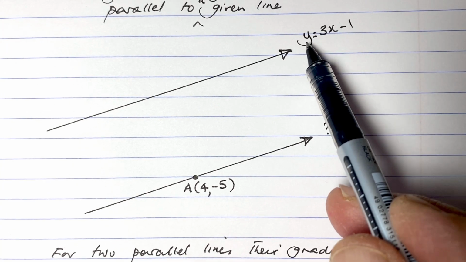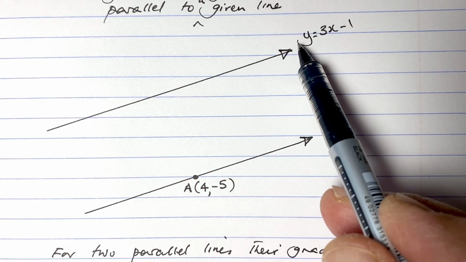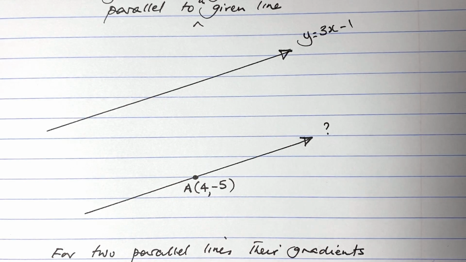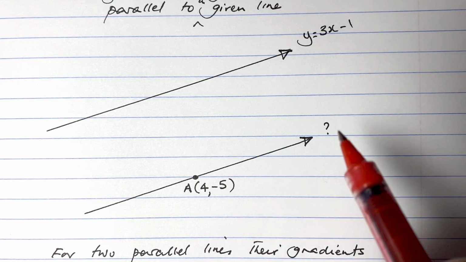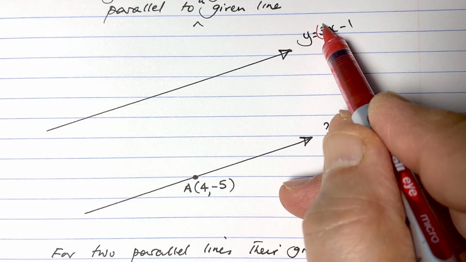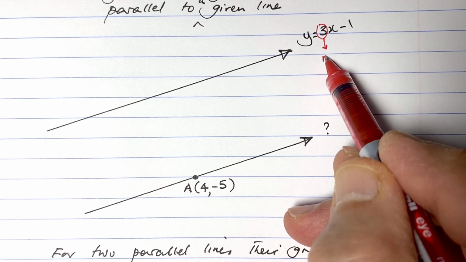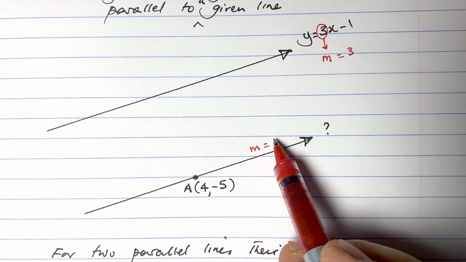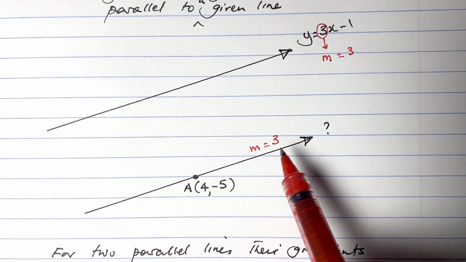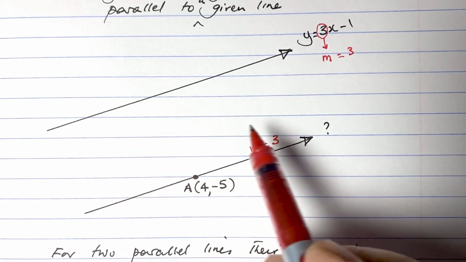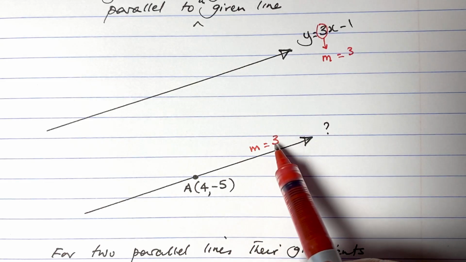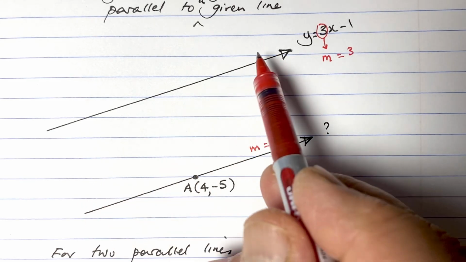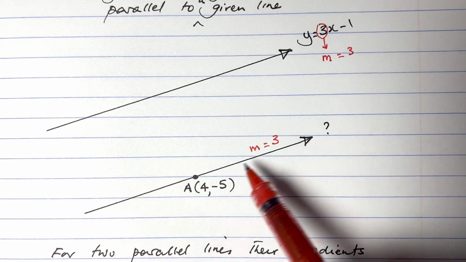But m of this is really put on the plate for you. This is in the form y equals mx plus c. The m of this line is 3, so m of this line will also be the same. Just think, you got two parallel lines. You put the ball bearing on the same line. The ball bearing goes down the slope at the same rate because it's the same slope.